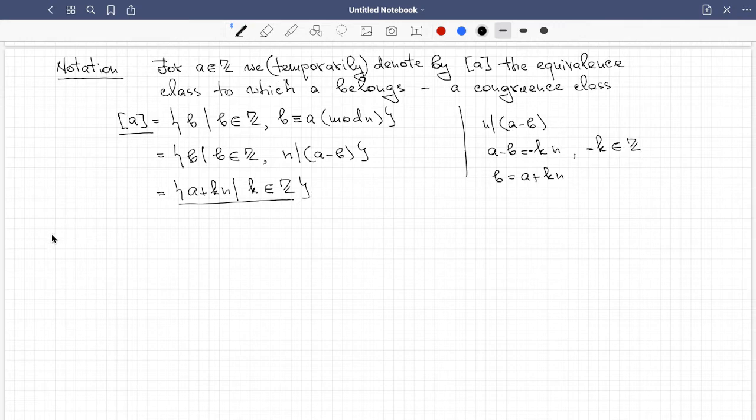So this is altogether a description of an equivalence class.